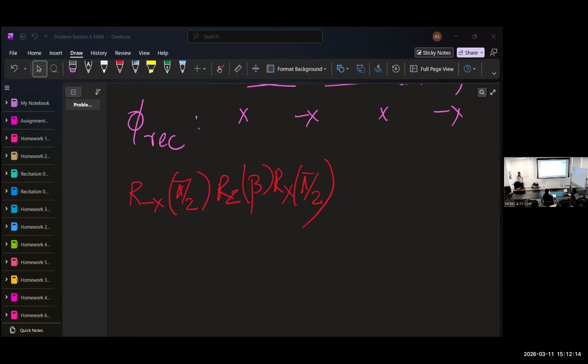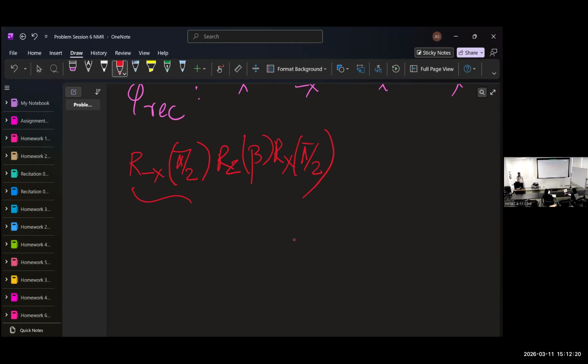Use like a conjugation relationship, and switch the order of these two. Right. How would you do that? You're on the right track.